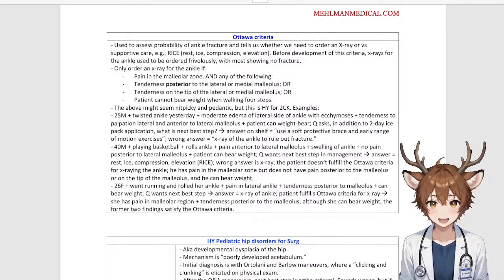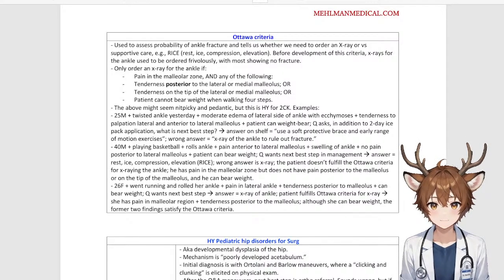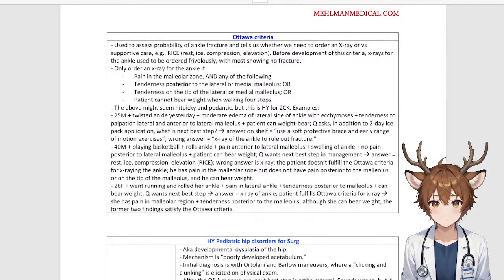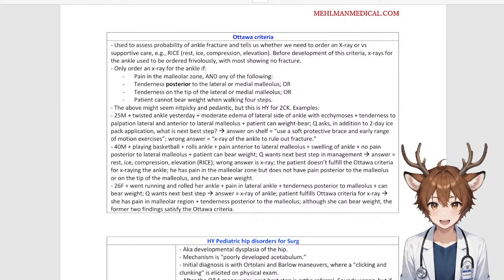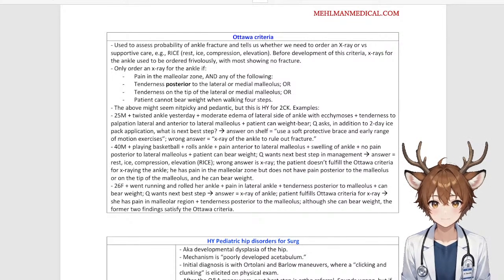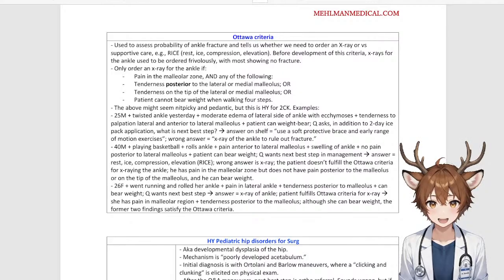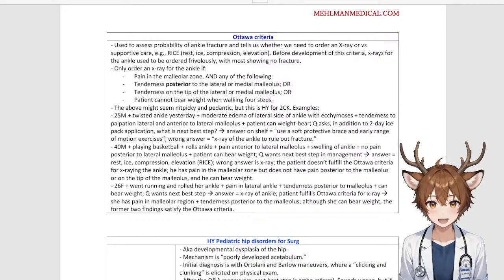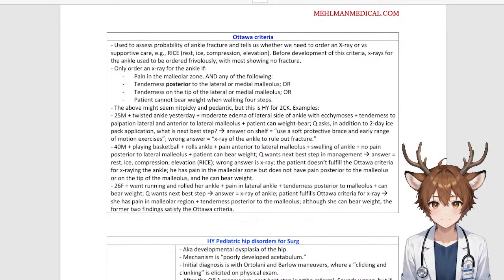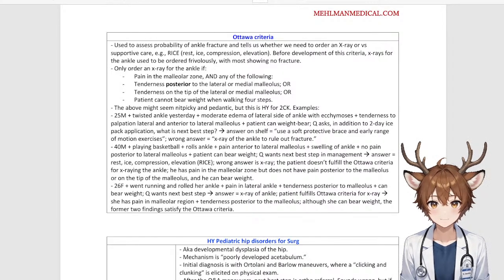So if they cannot bear weight when walking 4 steps, or they have tenderness posterior to the lateral or tip of the lateral or medial malleolus. Sorry, let me read it again. So if you have medial malleolus pain, or you have pain posterior to the lateral or tip of the lateral malleolus.